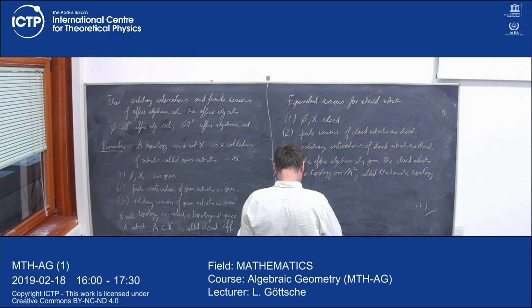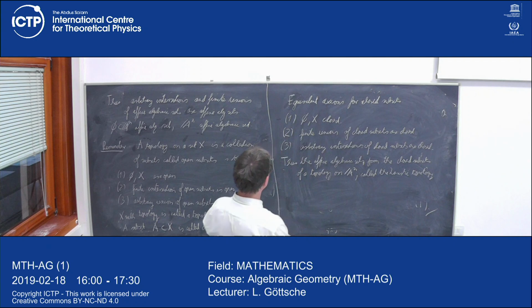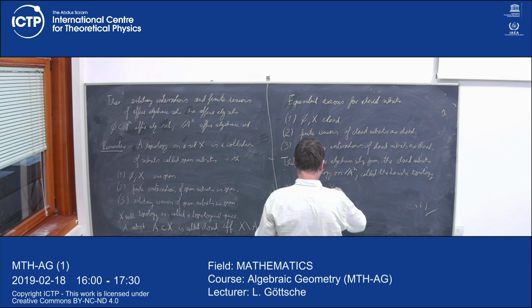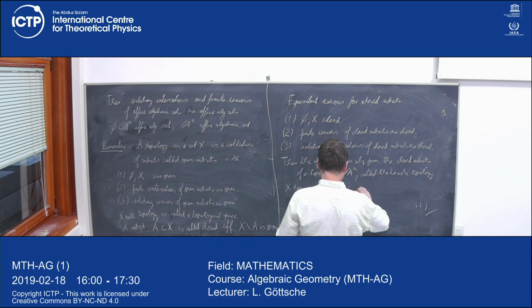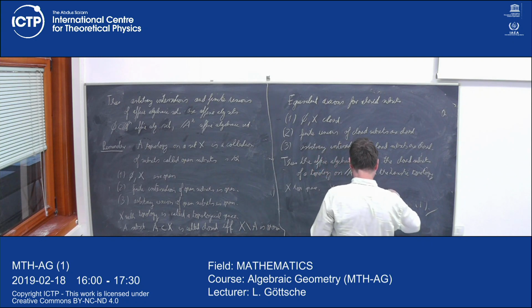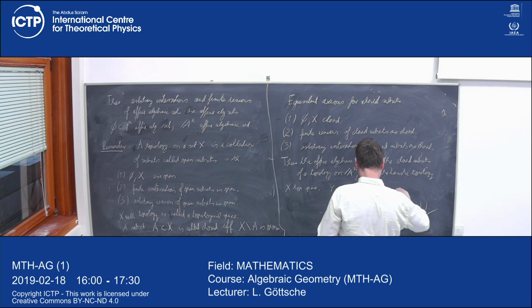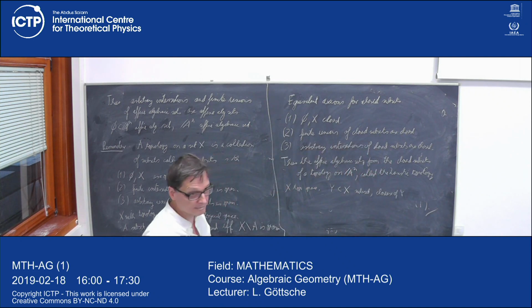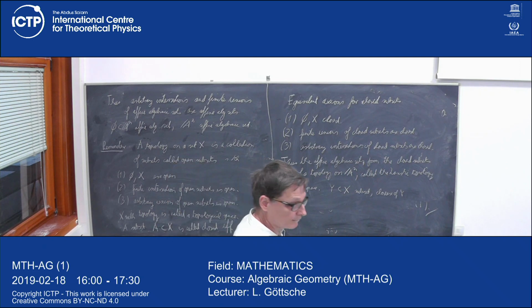If I go back to the case that X is a topological space, and Y subset X is a subset, then the closure of Y is the intersection of all closed subsets which contain Y.